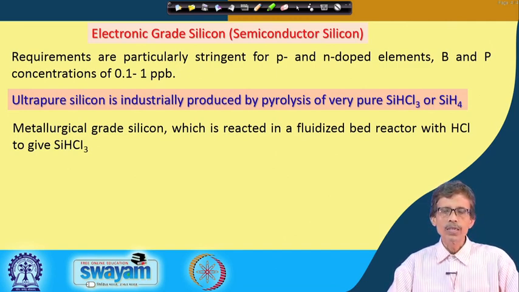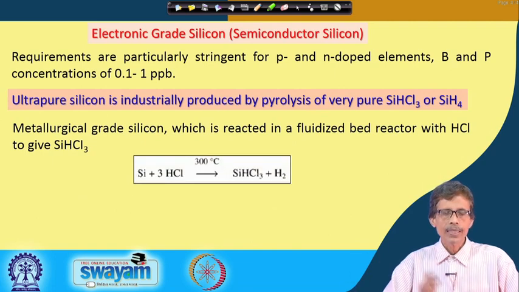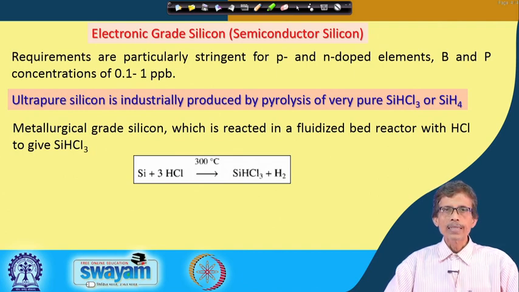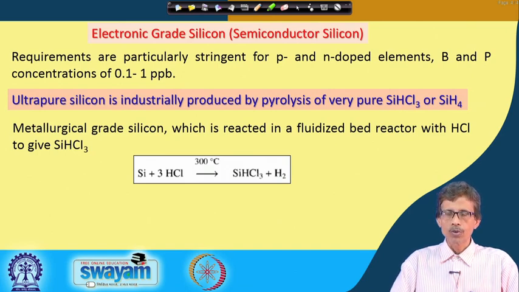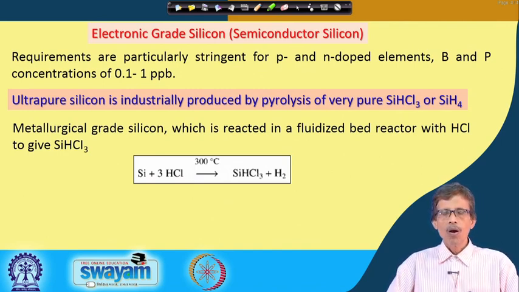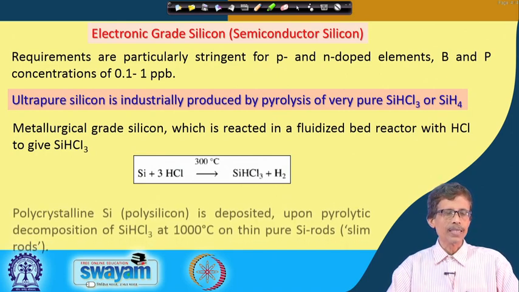So, silicon is converted to SiHCl3 by a reaction at a higher temperature of 300 degrees centigrade. At 300 degrees centigrade, it is simply the direct reaction of silicon with 3 molecules of hydrogen chloride. That means it is not reacting with 4, it is reacting with 3, giving a particular stabilization of SiHCl3, not the other species like SiH4 or SiH2Cl2, and giving back hydrogen as a gas.